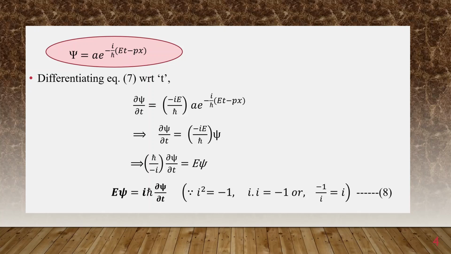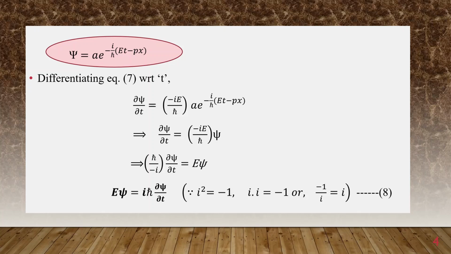You know that if e raised to alpha x, where alpha is a constant, is differentiated, we get alpha e raised to alpha x. Similarly, here there is e raised to minus i by h cross, Et minus px. In terms of t, I can take the constant term minus i E by h cross outside, into a, a constant, into e raised to minus i by h cross, Et minus px.